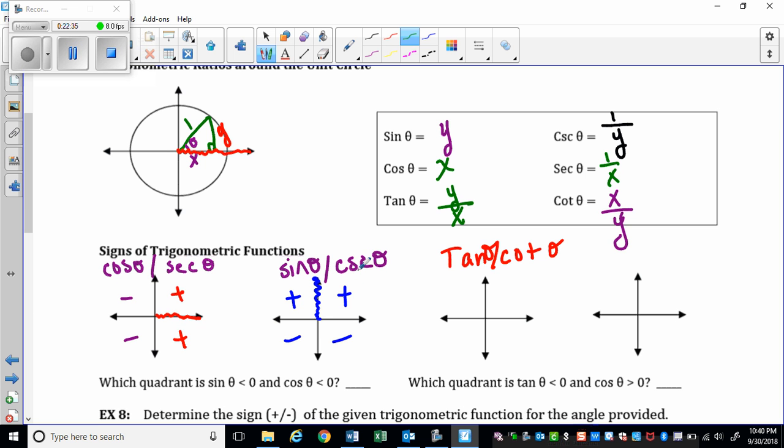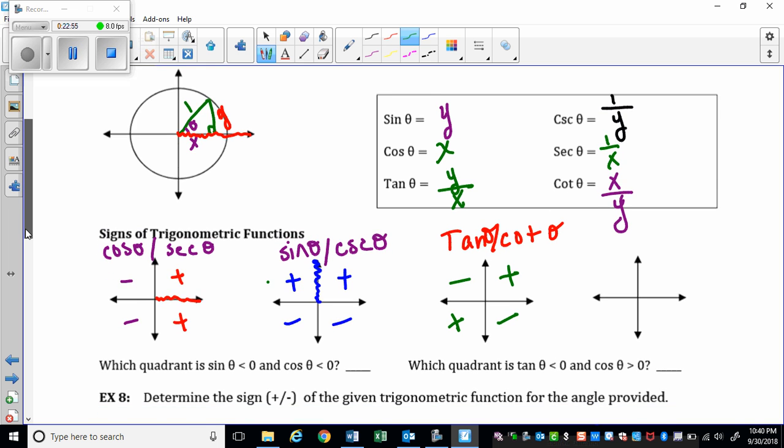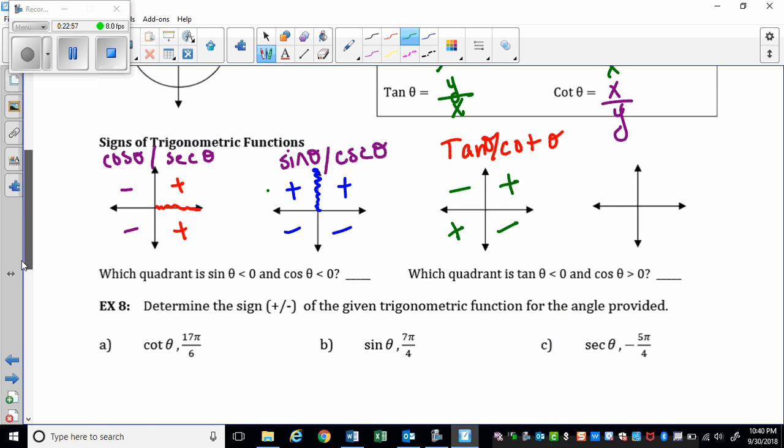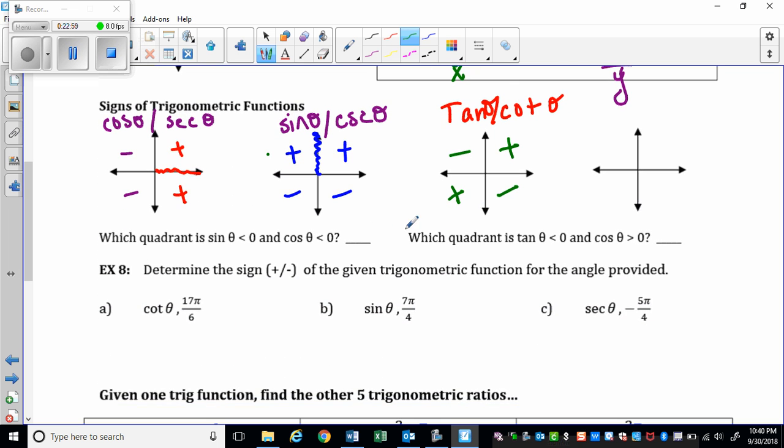So sine divided by cosine: a positive divided by a positive is a positive, but a positive divided by a negative is a negative. A negative divided by a negative is a positive. And then a negative divided by a positive is a negative. Okay, so those are going to be the signs for tangent and cotangent.